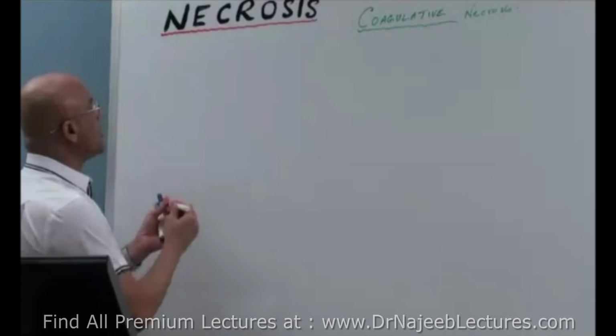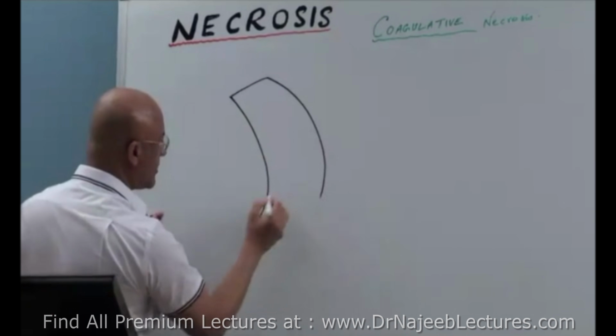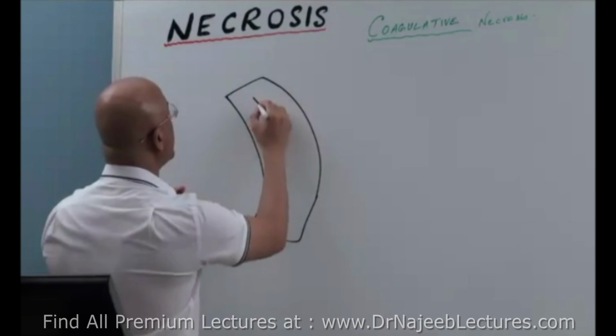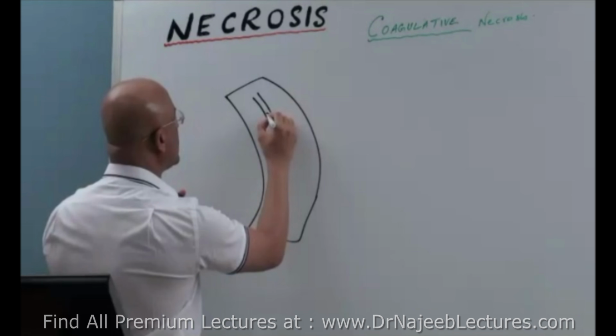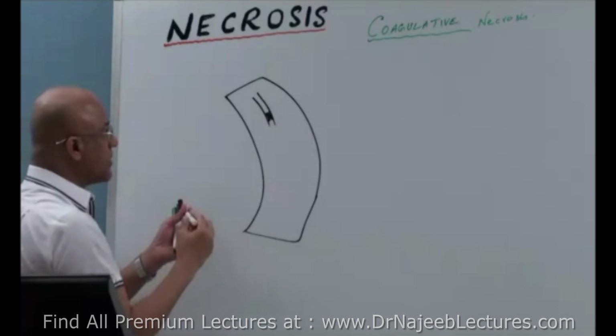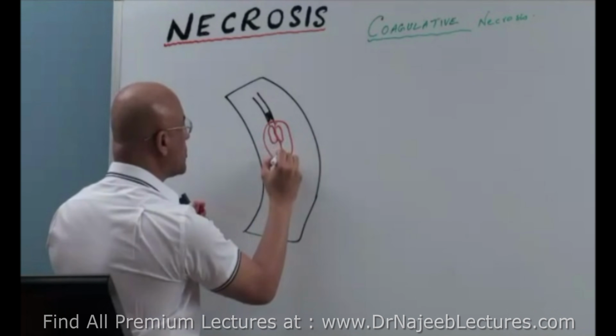Let's suppose this is a piece of left ventricle, and there's a blood vessel here which closes. There's a plaque, an atheromatous plaque with thrombus. Now, the cells which are over here will undergo coagulative necrosis.